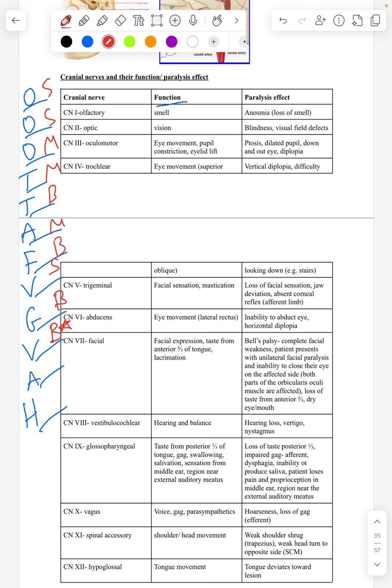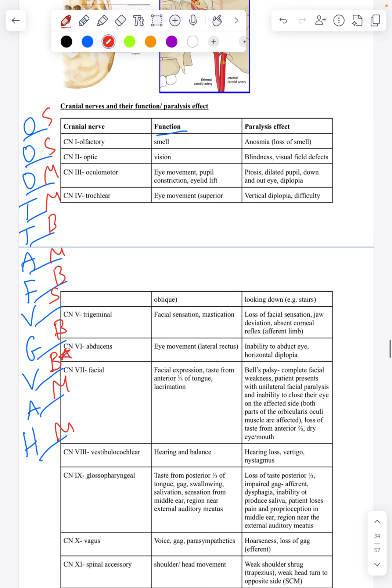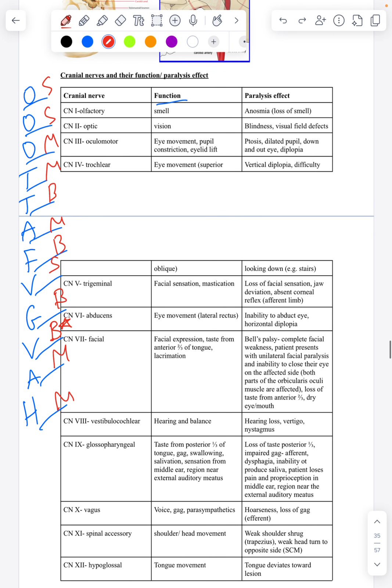This is customizable. So, the first one is S, just sensory. So is the second one. 3, 4, 6 are motor. 5, 7 do both, sensory and motor, and then you can keep going down. 8 is sensory. 9 and 10 are both. 11 is motor, and 12 is motor.